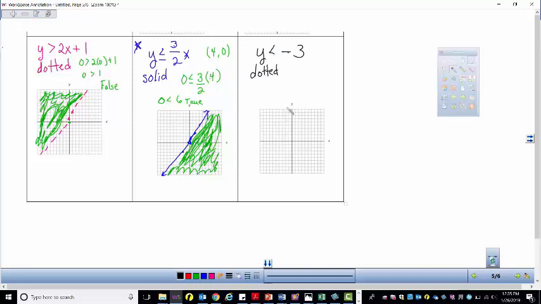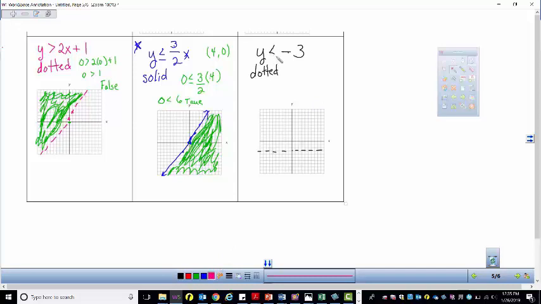And then our second step is to graph. Well, this is just a horizontal line. So I go to negative 3, 1, 2, 3, and I put a broken horizontal line, or dotted, like that.